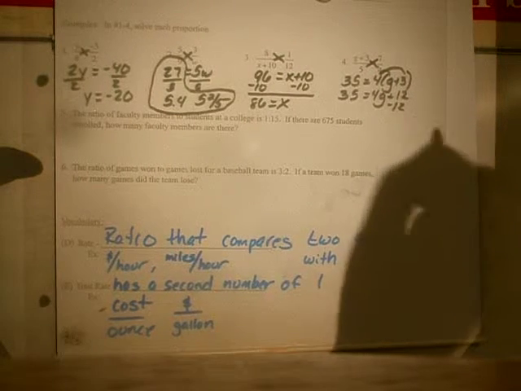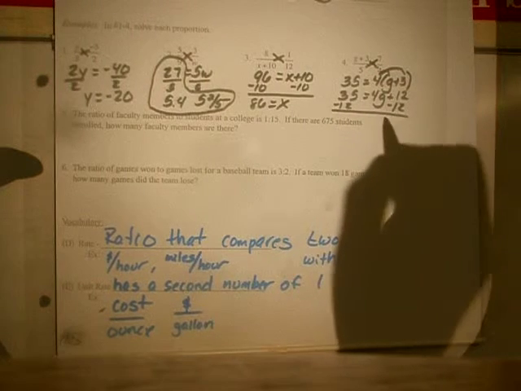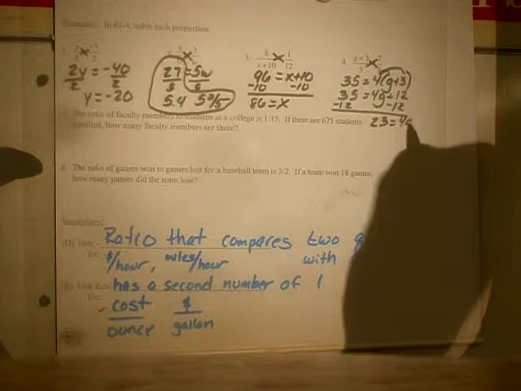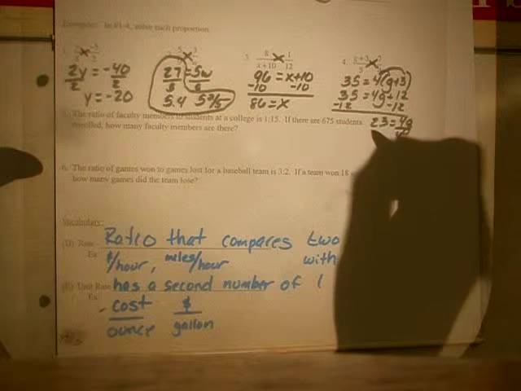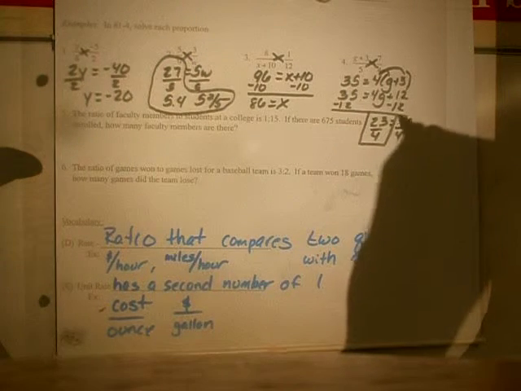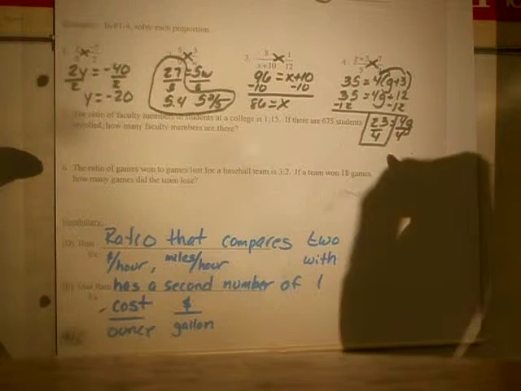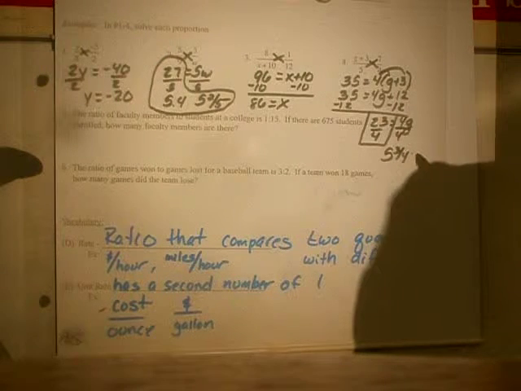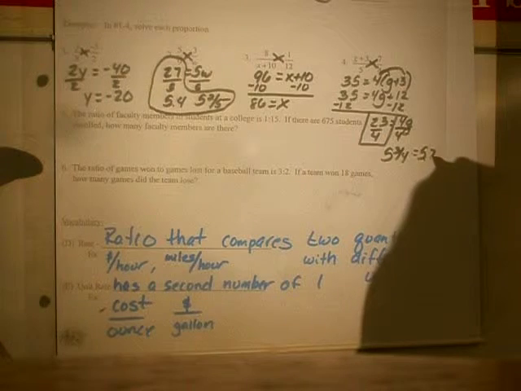From there you subtract 12 from both sides, and you have 23 equals 4g. Dividing both sides by 4, you can leave your answer like that, 23 over 4. You can change it to a mixed number, which would be 5 3/4, or you can change it to a decimal, which would be 5.75.